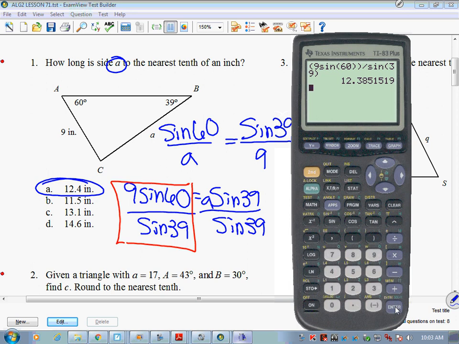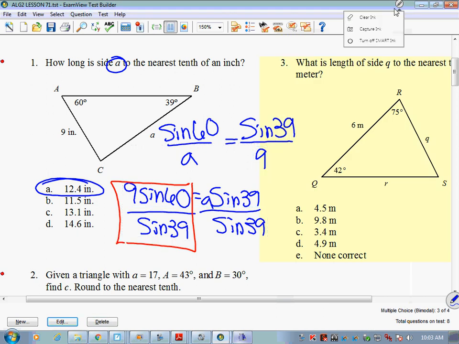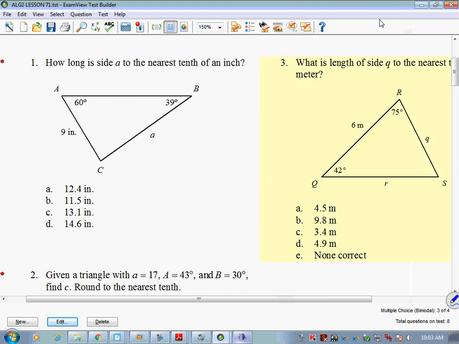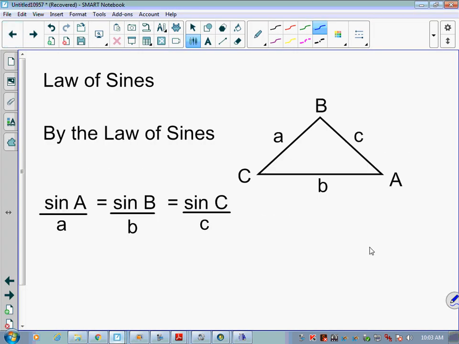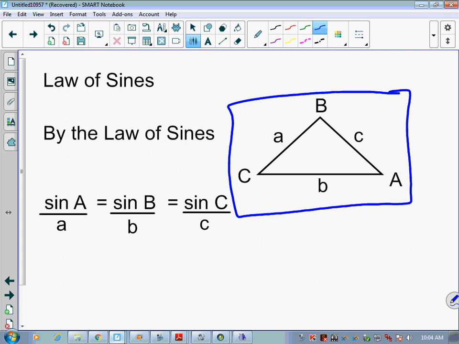Okay. So I do want to make something clear just so that you understand this later on. All right, let's clear this out. Okay, here, we'll go back and look at some of our notes. All right, I want you to look at this picture right here. I want you to understand this, that my angles are always capitals. My sides are always lower case.